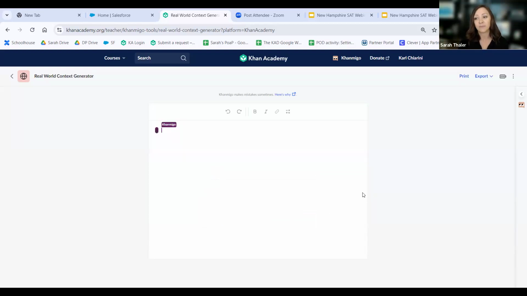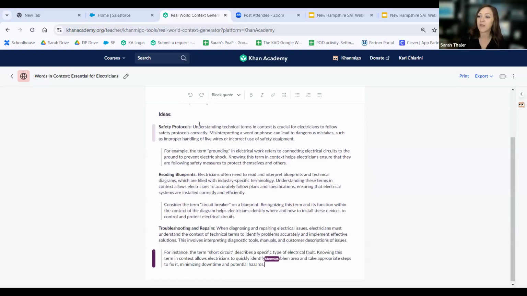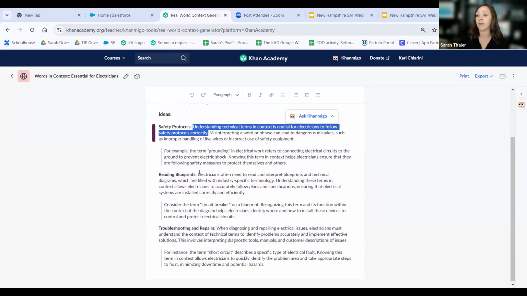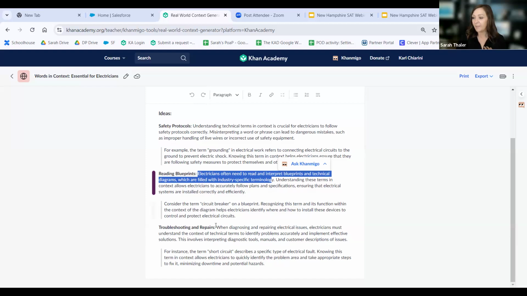We ask Khanmigo, and Khanmigo gives us ideas such as, understanding technical terms and context is crucial for electricians to follow safety protocols correctly. Or electricians often need to read and interpret blueprints and technical diagrams, which are filled with industry-specific terminology. When diagnosing and repairing electrical issues, electricians must understand the context of technical terms.